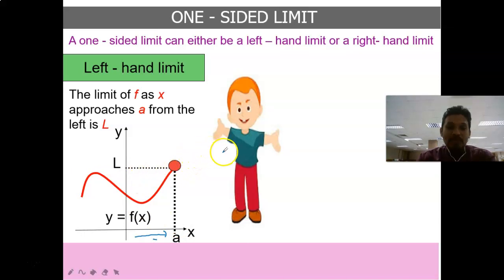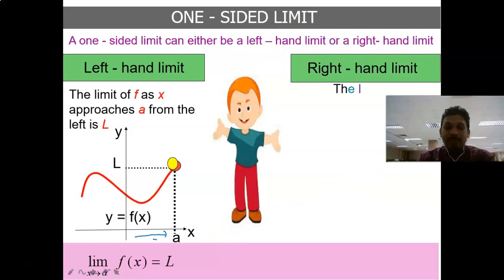There is no graph from the right side of the function f as x approaches a from the right. Do you find any graph here? No, right? There's only graph approaching x equal to a from the left side. So the limit of f(x) as x approaches a from the left equals L.